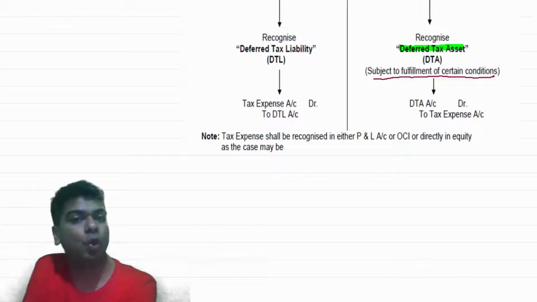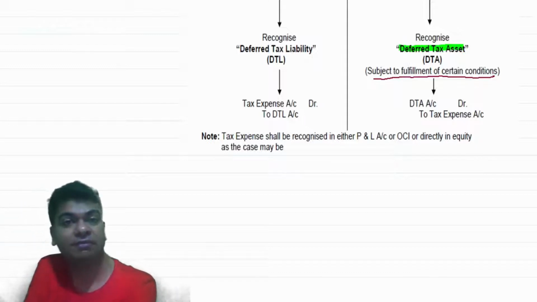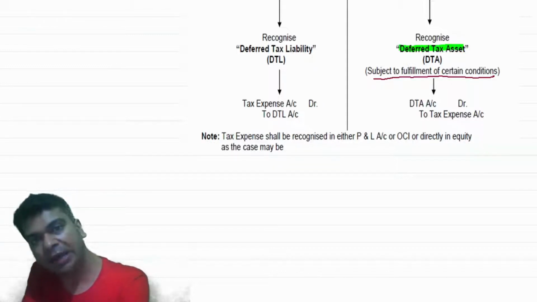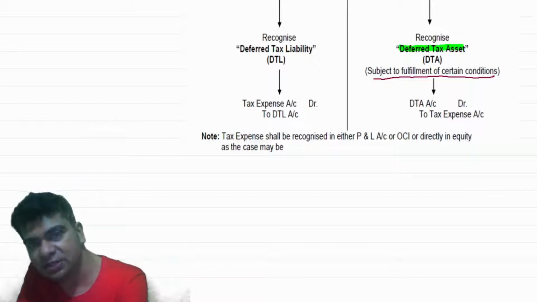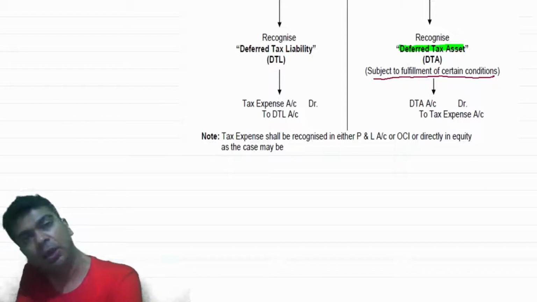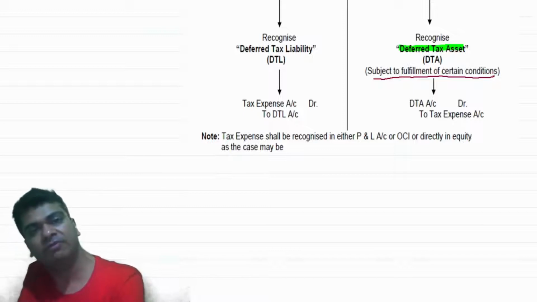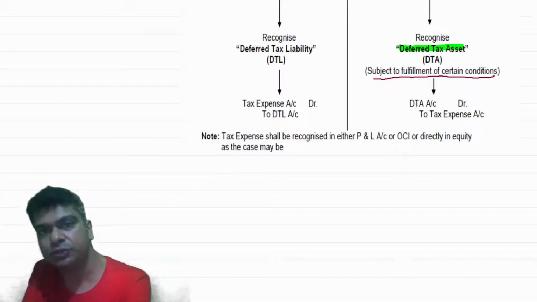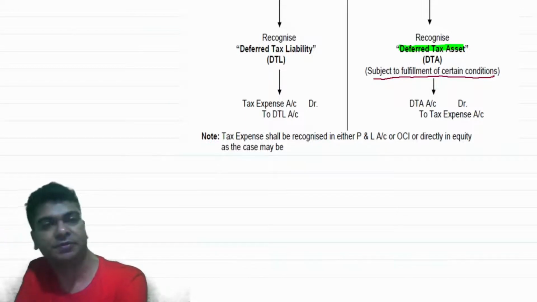But now that we know that there is a deductible temporary difference, we know that we can save tax in future, we know that we are planning to recognize an asset. Since you are planning to recognize an asset, Ind AS 12 is now giving us certain criteria. You fulfill those criteria, or you may even call them conditions, I have no problem with that. You fulfill those conditions, only then you can recognize a deferred tax asset.